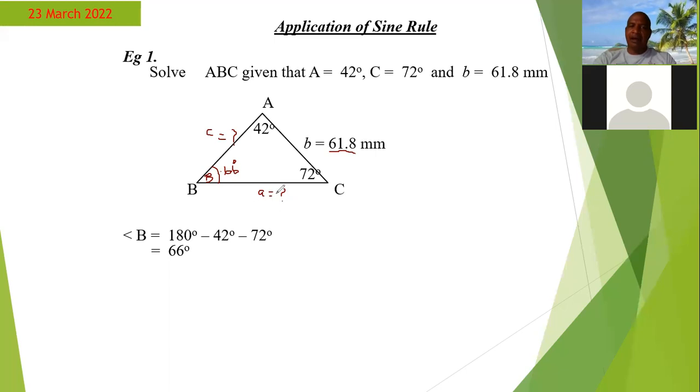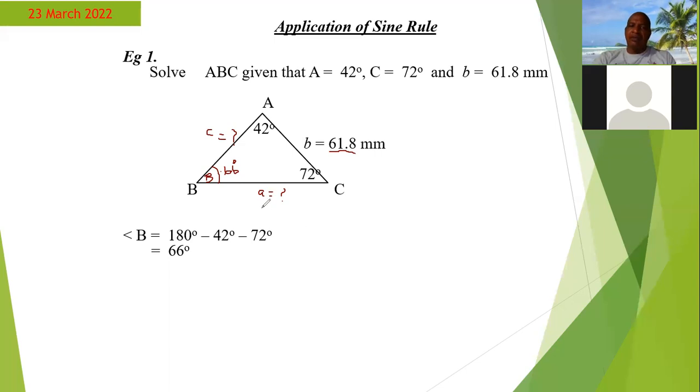So let's say we are solving for the side A. Then we'll have to pick out from the sine rule A over sine A with B over sine B, because we know the side B and we know the angle B, so we have to use that one in the equation. Whichever one of them you know the side and the angle of, the opposite side with the angle, once you know those, you have to choose that one in the equation.